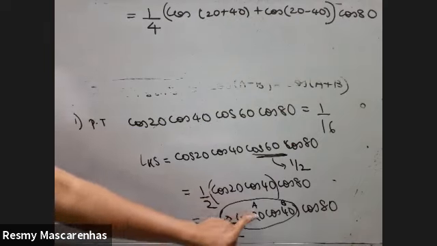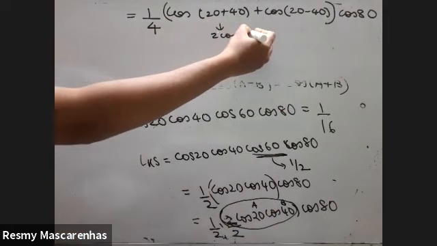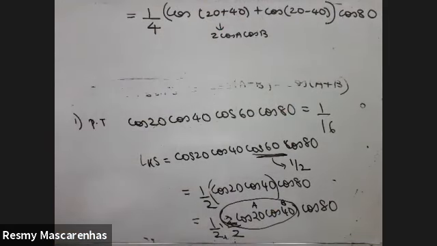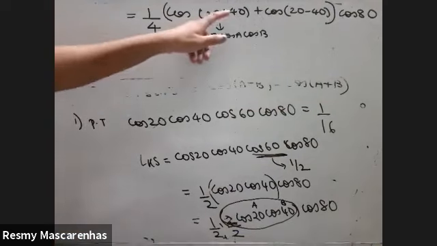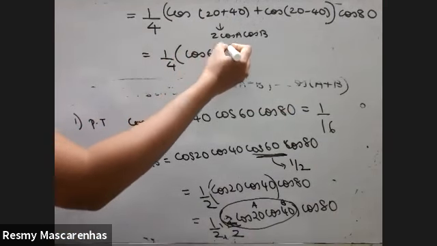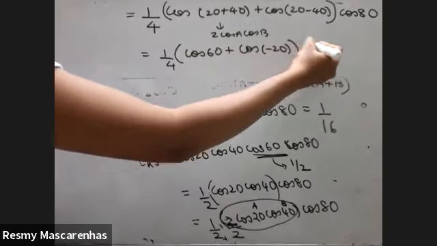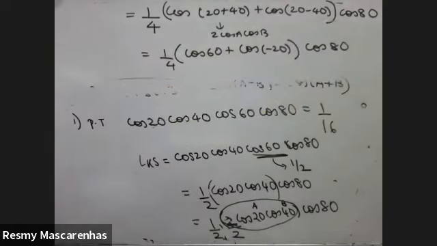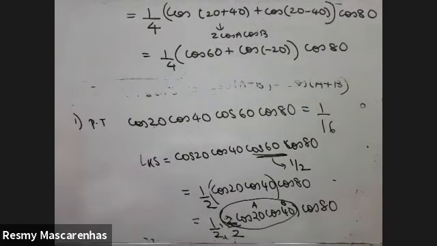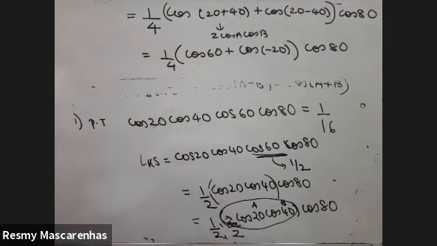I used the 2 cos A cos B formula. And now add and see how much I get. That will be 1 by 4 into cos 60 plus cos of minus 20, cos 80. Again, you know what cos 60 degree is? 1 by 2.